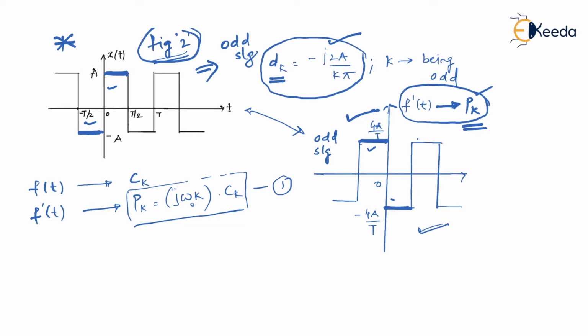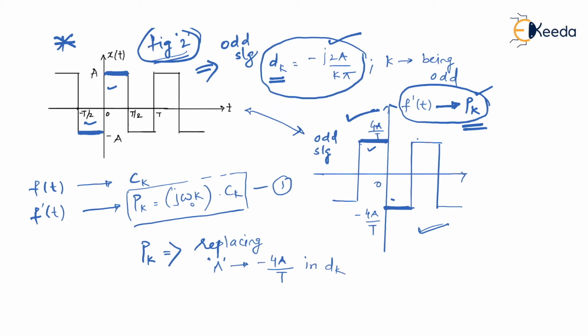So what we will ultimately do is, I can write now my pk by replacing a with minus 4a by T in dk. Is that right?